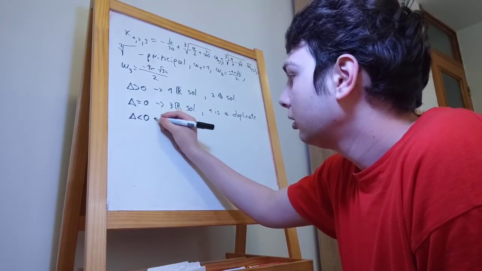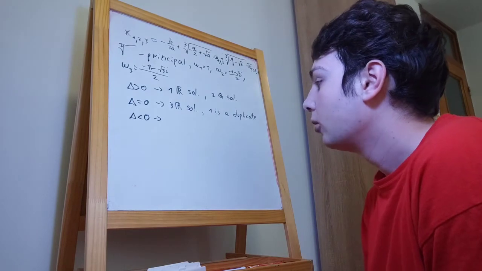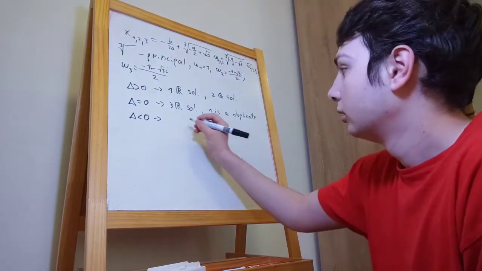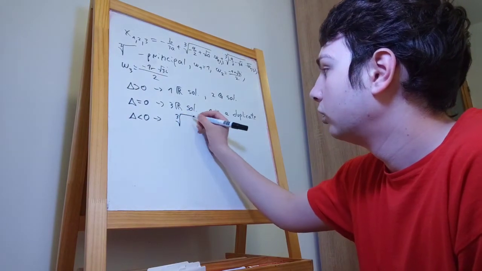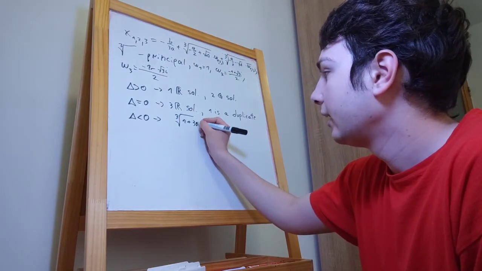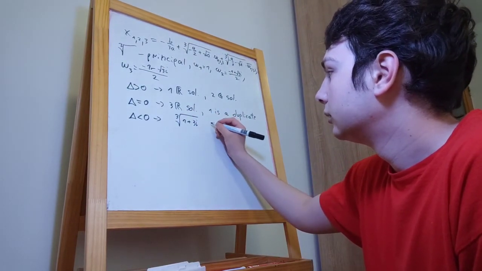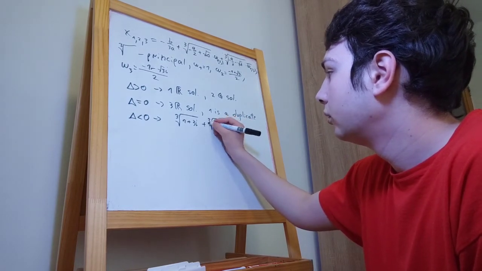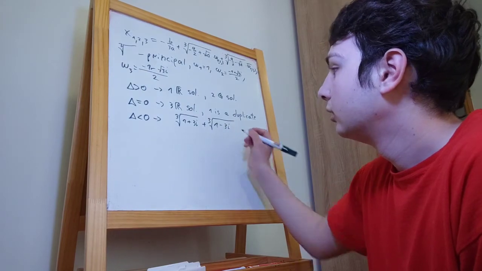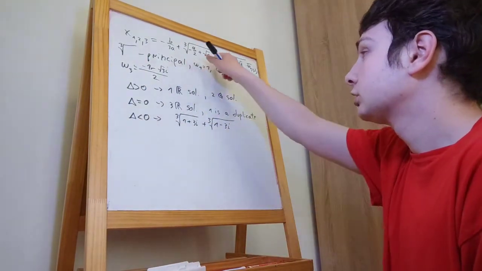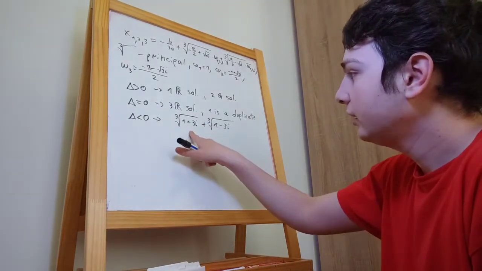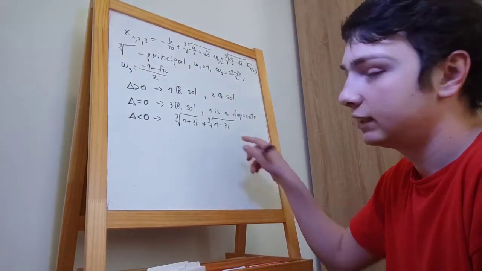When delta is smaller than 0, what happens is, let's consider cube root of 1 plus 3i plus cube root of 1 minus 3i. Notice delta smaller than 0, square root of delta is an imaginary number, and then the sum looks something like this.